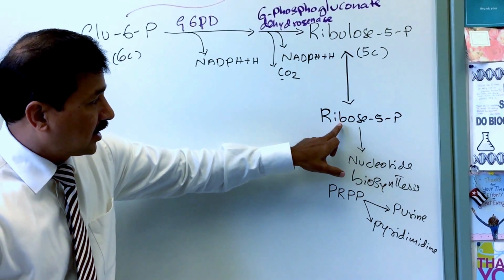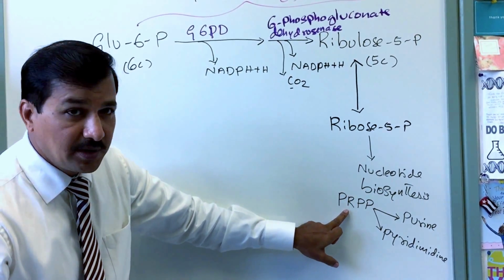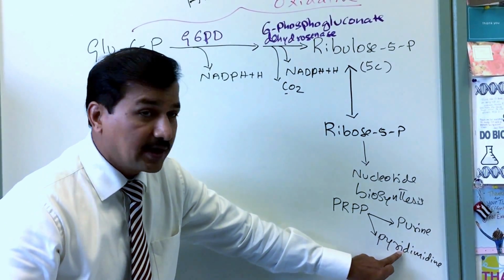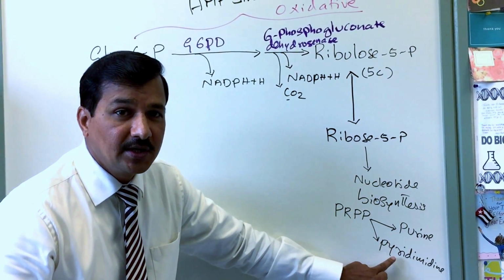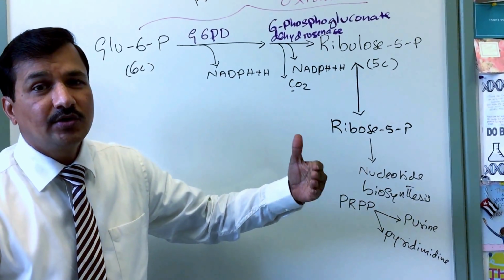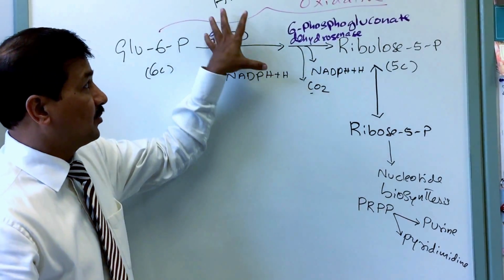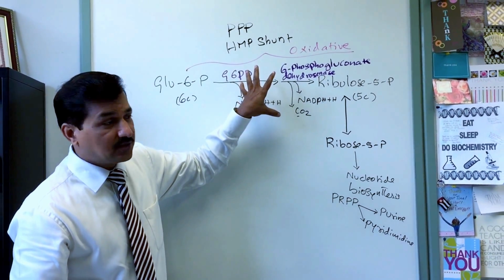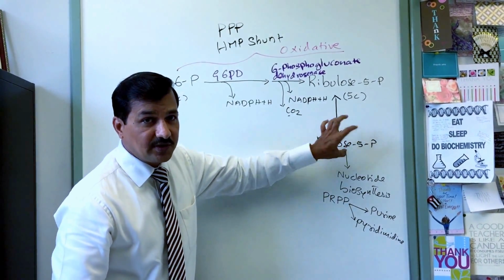So ribose 5-phosphate, by forming PRPP and getting into purine and pyrimidine nucleotides, will get into DNA and RNA synthesis. That's the importance of the pentose phosphate pathway in making ribose 5-phosphate.